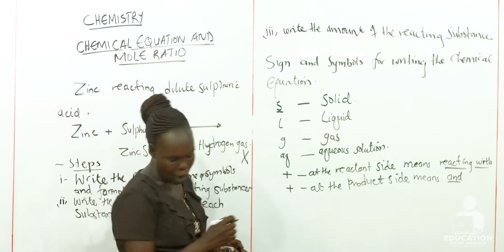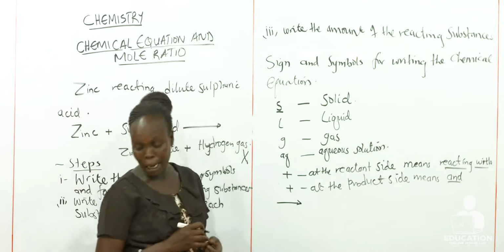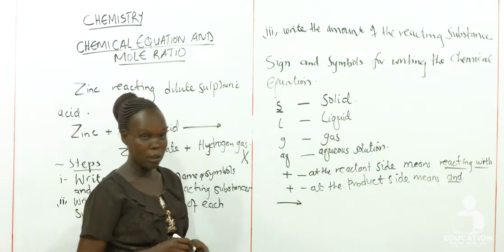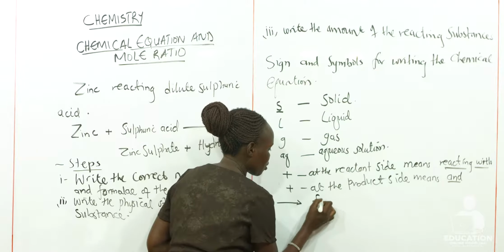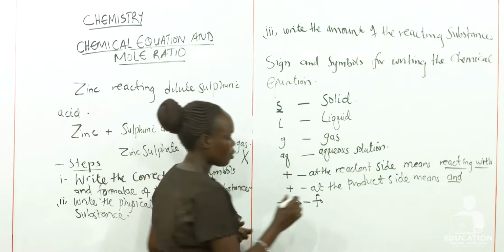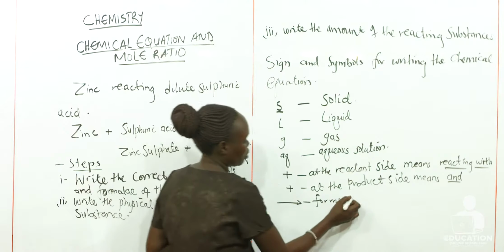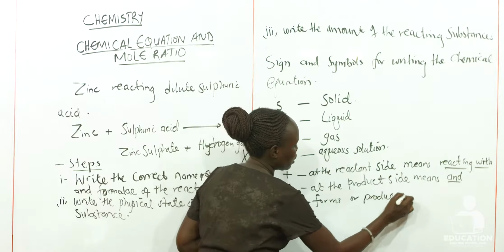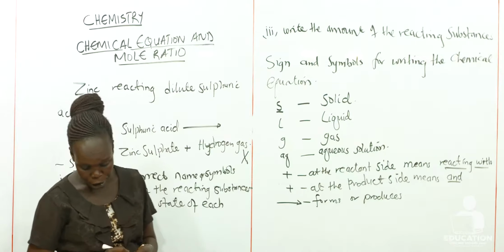So you can have the arrow sign. Here the arrow is representing forms or produces. It means that the chemical reaction forms or produces something; it is telling you that something has happened at the other side.